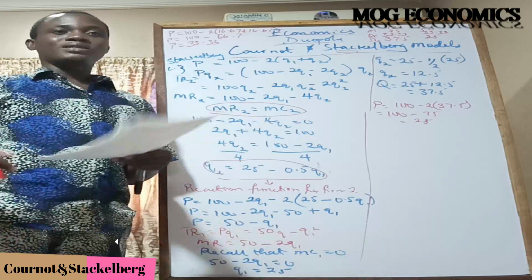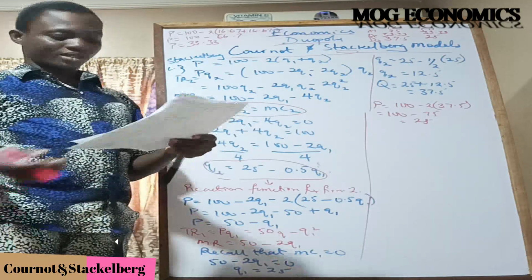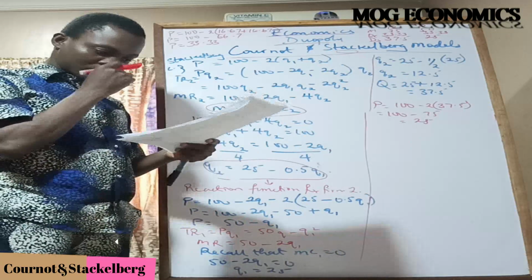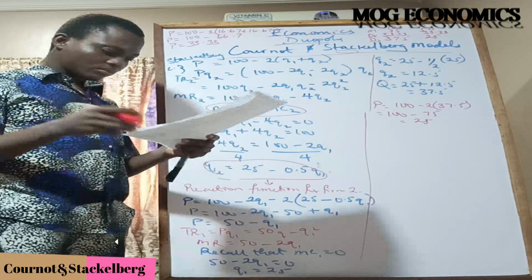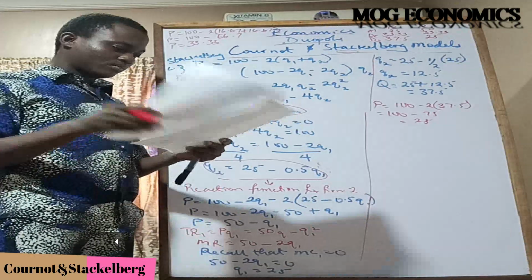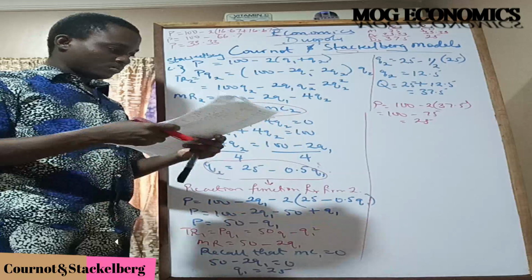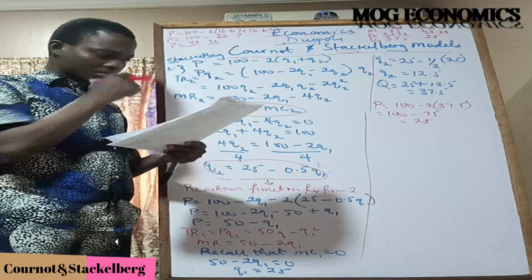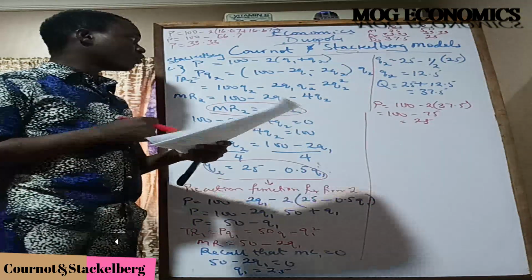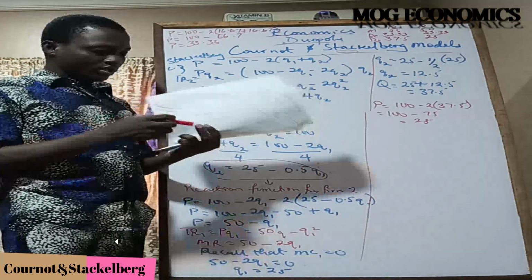So you can try to figure out what the consumer surplus would be for the two firms. So did I ever solve that? I think I only did the consumer surplus for the firm when it was a monopoly.